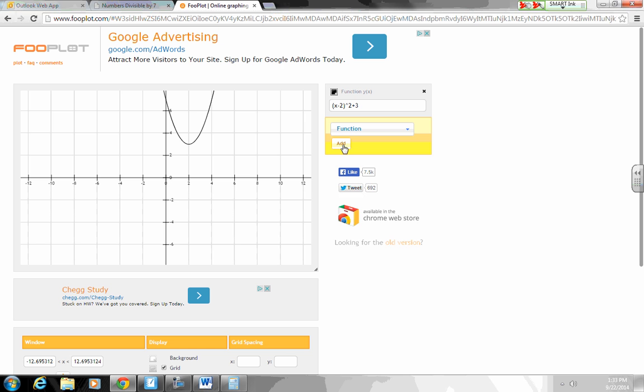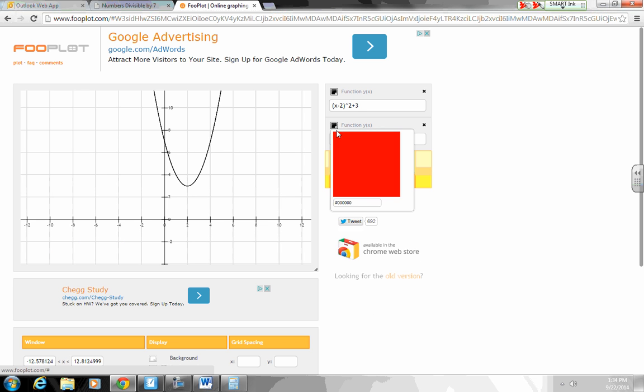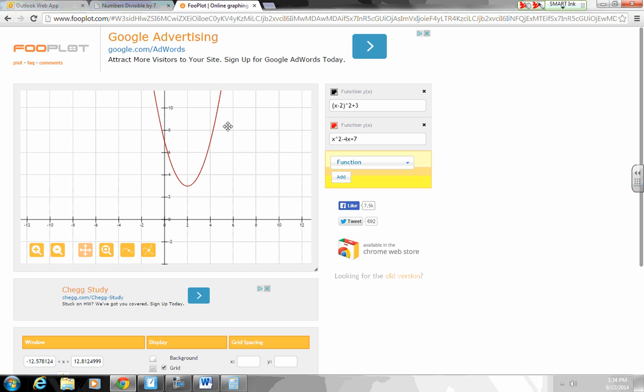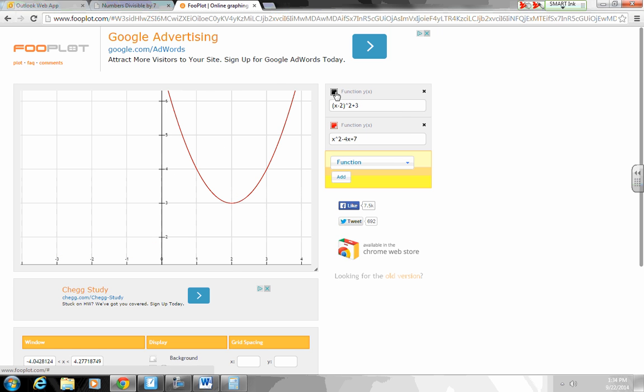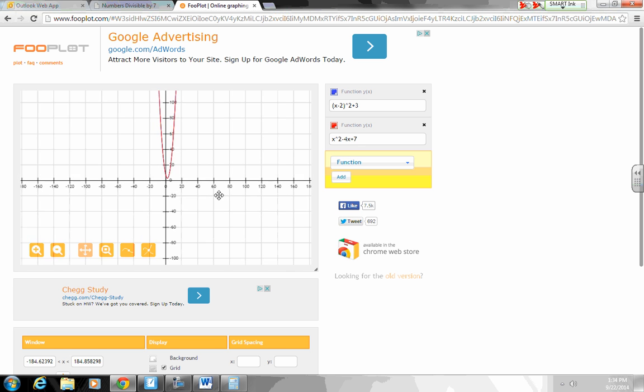And if I go ahead and graph x squared minus 4x plus 7, it should overlap that graph perfectly, right? We still see, yeah, there are two of them in there. I'm changing colors, but we don't see that because they're just overlapping each other, right? There's no other parabolas. It's the same graph in there.